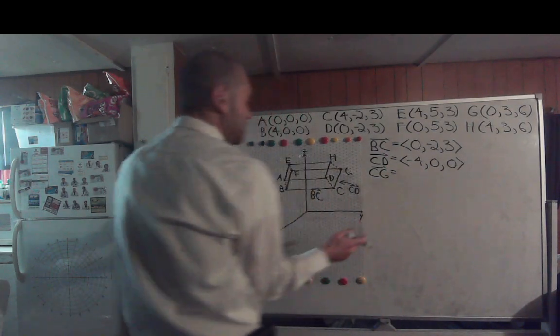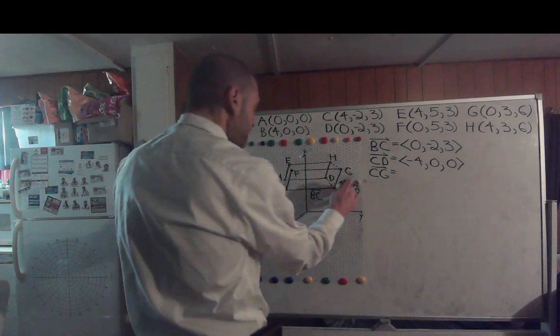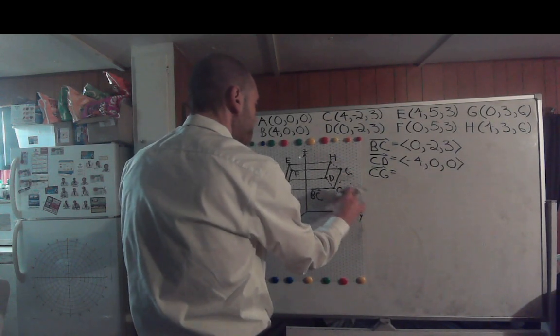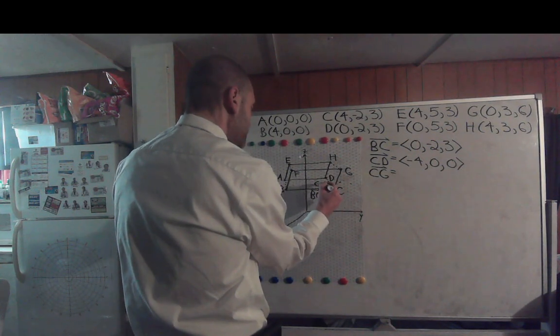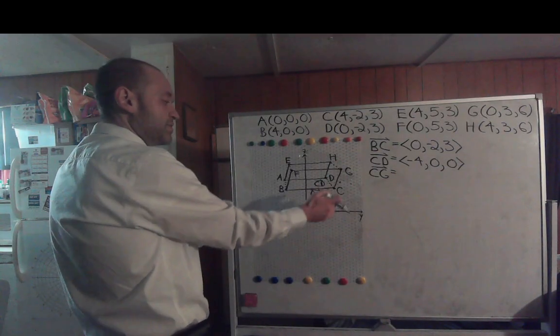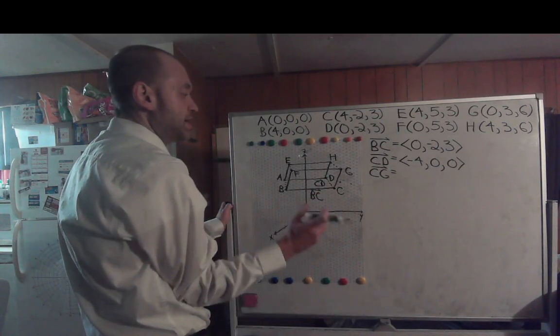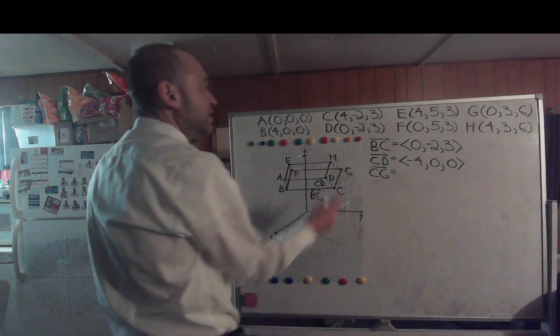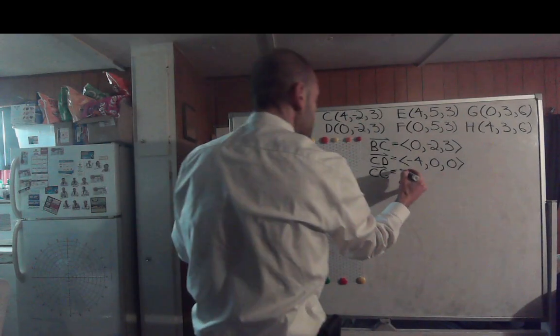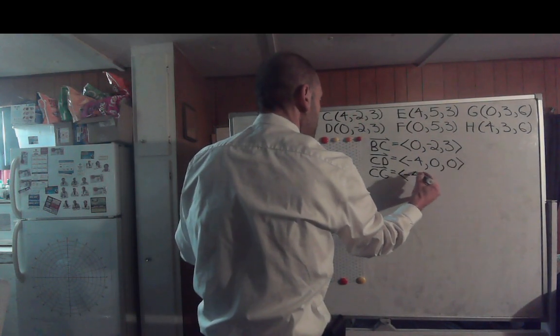So CG, let me move this down a little bit here. Down here would be vector CD to denote my width of the base. Now my height I can call vector CG. So if I take 0 minus 4, I'll end up getting negative 4.